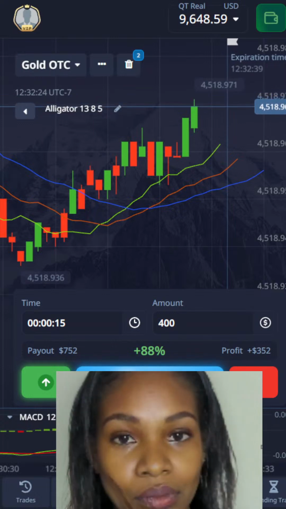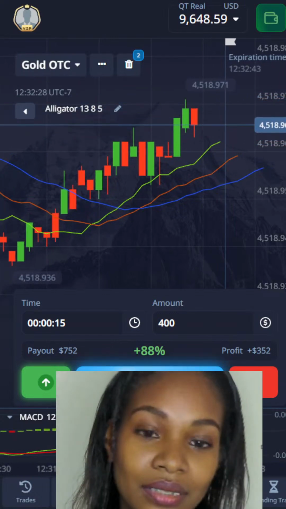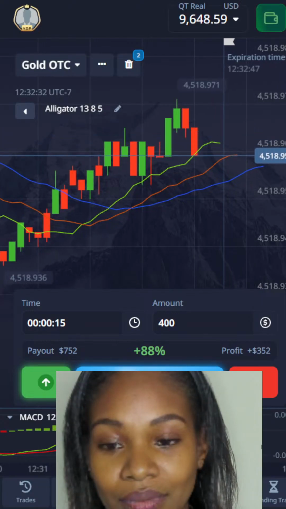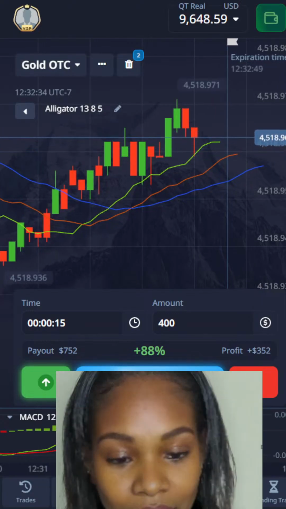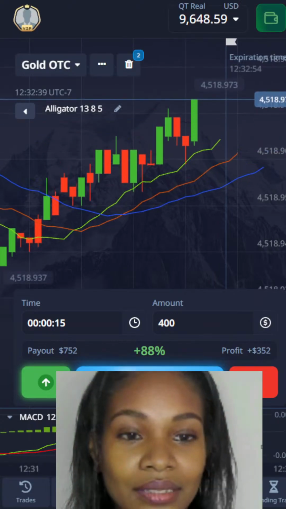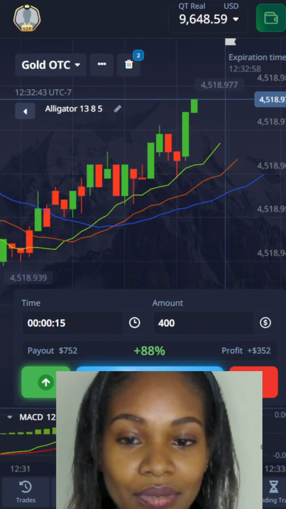When these three are in place, then I can place my trade and enter into the market. My strategy has very many confluences, but I came down and chose just three.